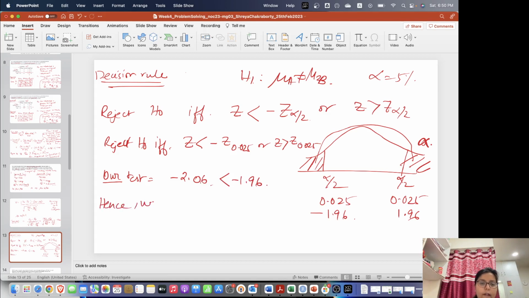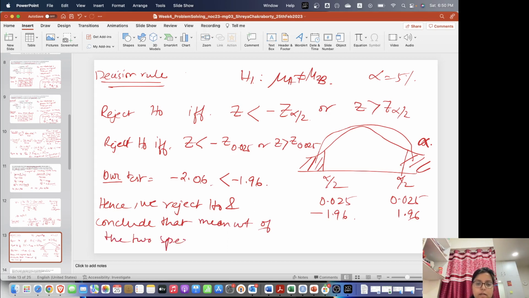Hence, we reject H naught and conclude that the mean weights of the two species differ. This same thing, in one sentence, can be written as reject H naught if and only if mod Z is greater than Z alpha by 2.